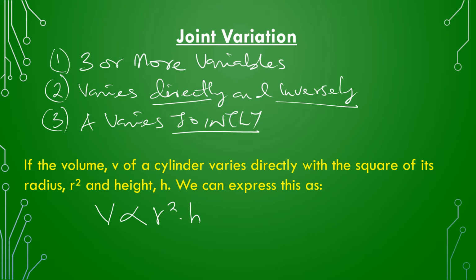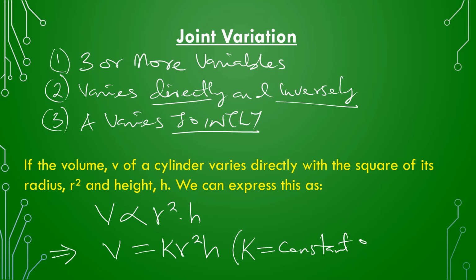In case you missed the video on direct and inverse variations, I would like you to go back and watch them. Now, this implies that V is equal to K R square H. Remember that you always solve for the K before you proceed. This our K is the constant of proportionality.